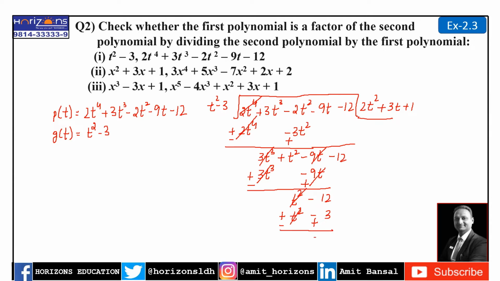So minus 12 plus 3 is minus 9. Right? Now since the remainder is not equal to 0, therefore the first term is not a factor of the second polynomial.